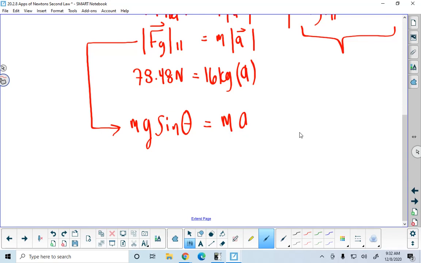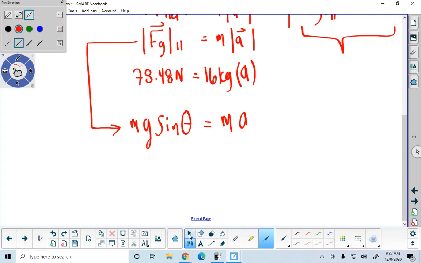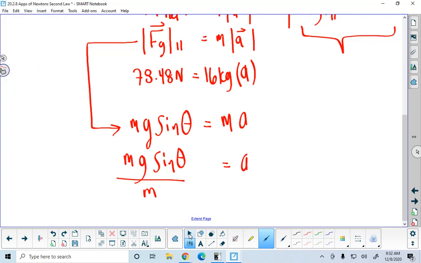Now, I'm not even going to put in the numbers here, Liam. If I were to divide both sides by the mass to get the acceleration by itself, I would have mg sine theta over m, and the masses cancel. This is a very interesting thing, everybody.